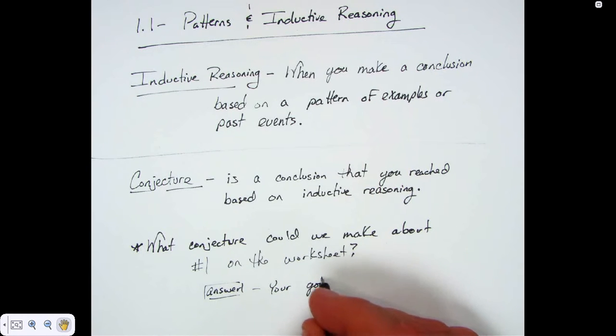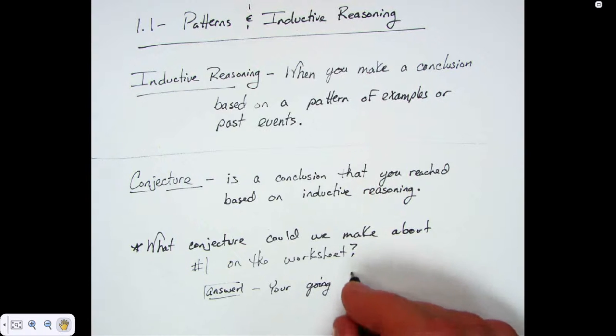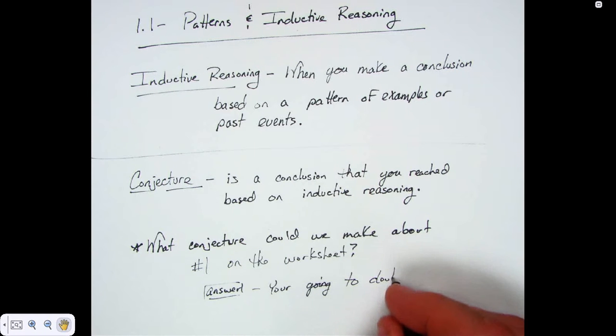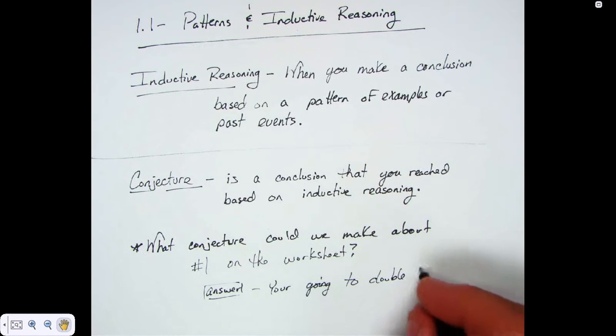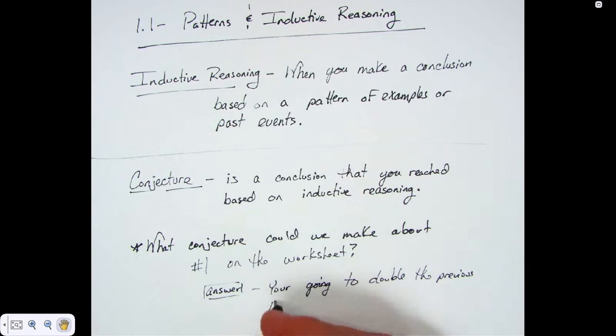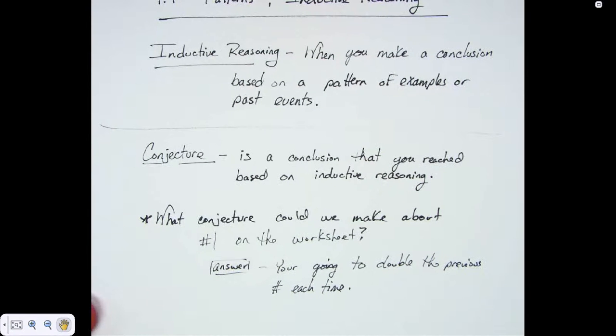You're going to double the previous number each time? Is that probably the way the mathematicians would say it? No. But are you explaining yourself pretty well there? Yeah. How else could you say it? Oh, you're always going to multiply the previous number by 2, right? Saying the exact same thing.